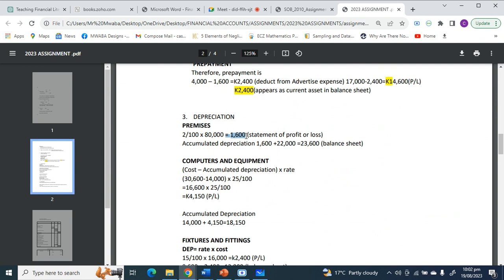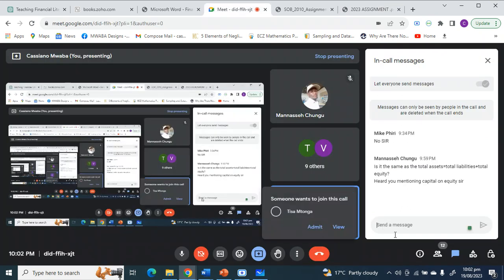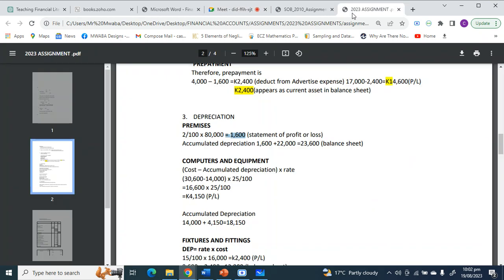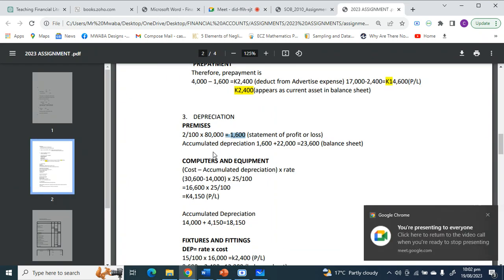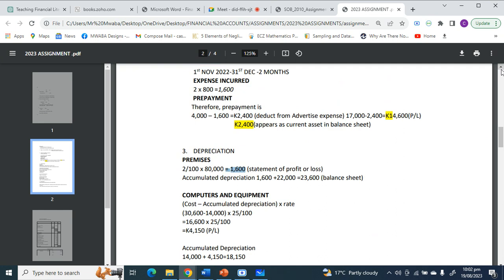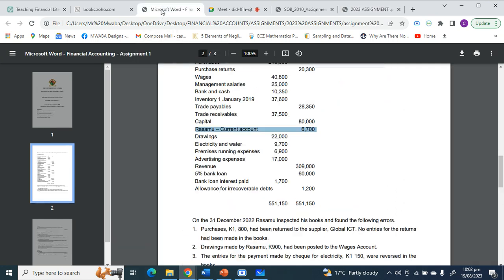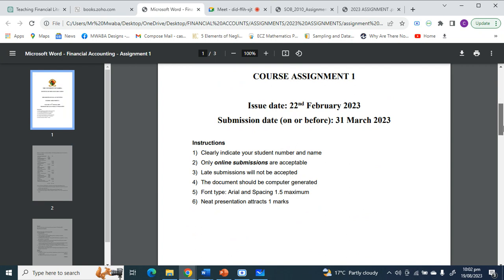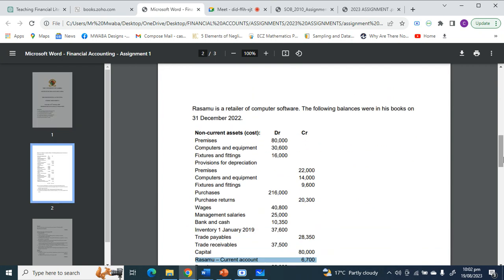Other books say debit the profit or loss, and you credit accumulated depreciation. So in this trial balance, we already had information about the accumulated depreciation, which is here.